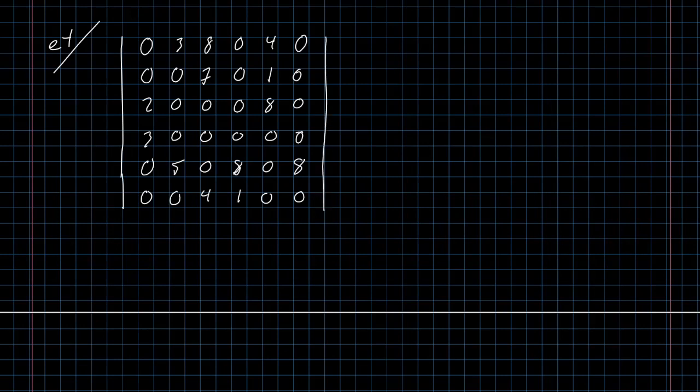Yeah, that's a lot of zeros in that matrix. That's what makes this a reasonable problem for me to give you. But I've got 0, 3, 8, 0, 4, 0, 0, 0, 7, 0, 1, 0, 2, 0, 0, 0, 8, 0, 3, 0, 0, 0, 0, 0, 0, 5, 0, 8, 0, 8, 0, 0, 4, 1, 0, 0.